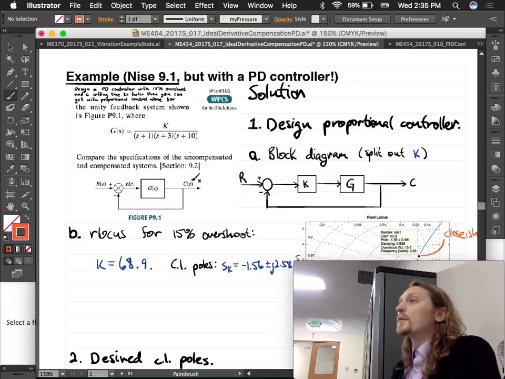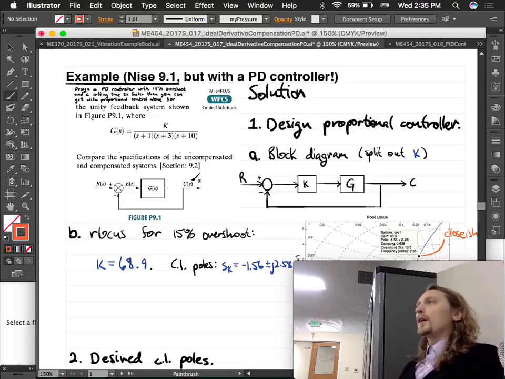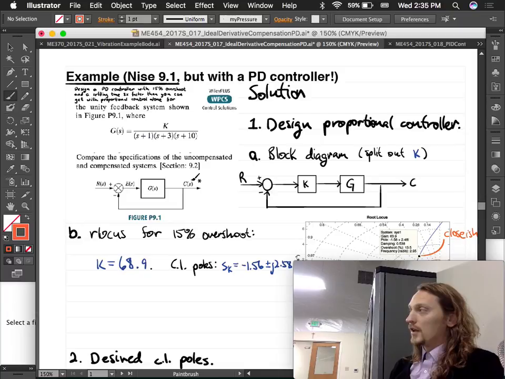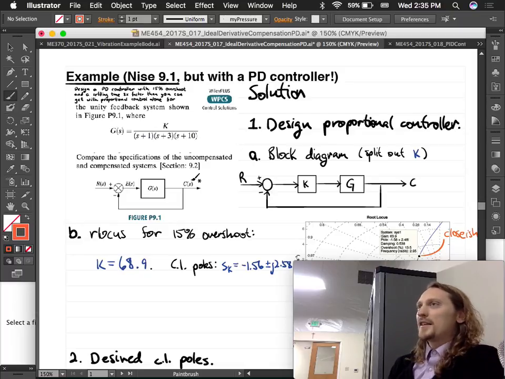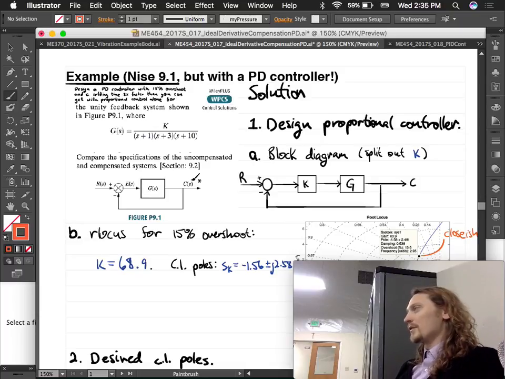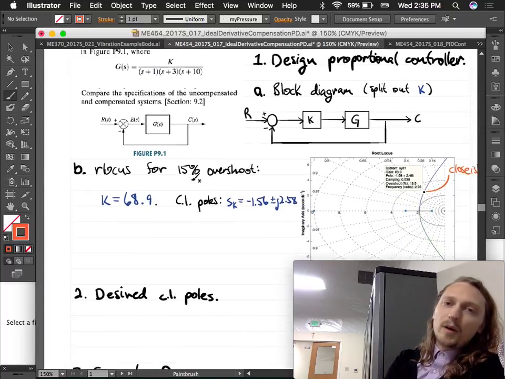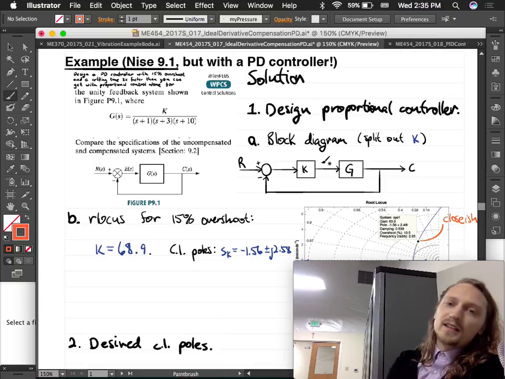With proportional control we can get 15% overshoot, but we want to get 15% overshoot in a third of the time, right? It's nice to be able to say, I want that overshoot, but I also want it to happen faster. So that's cool. Part 1 is exactly the same as before.